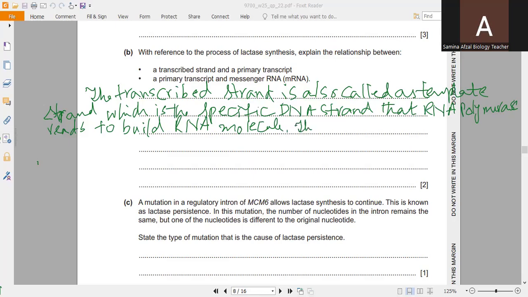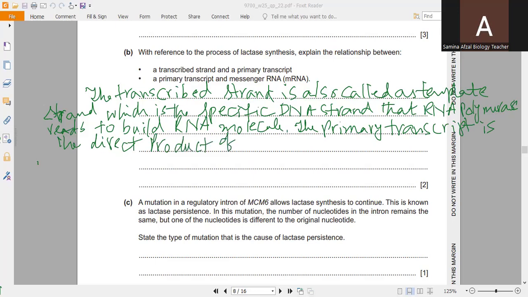The primary transcript is the direct product of transcription.